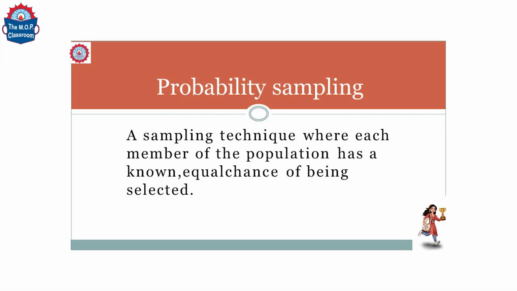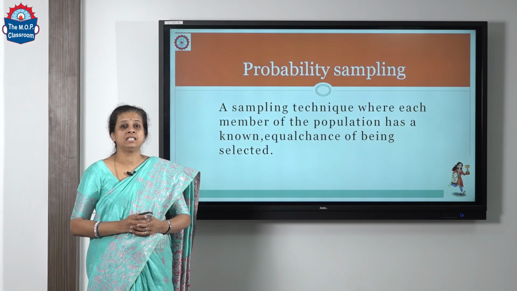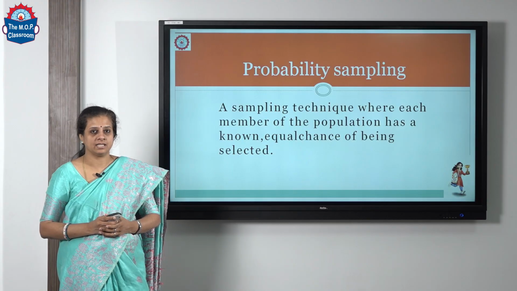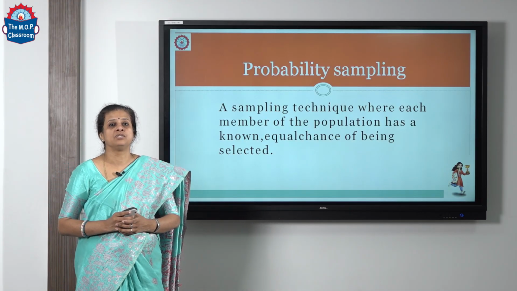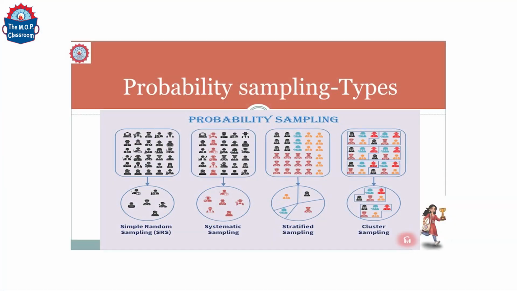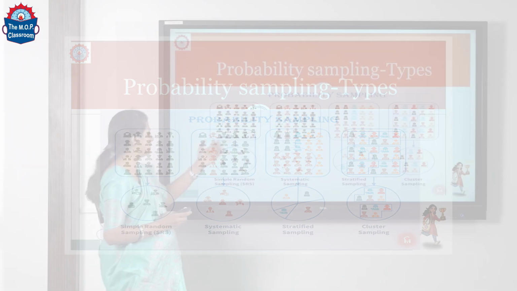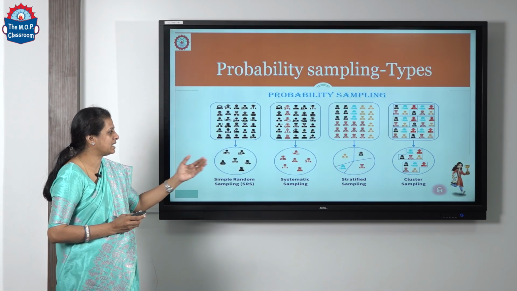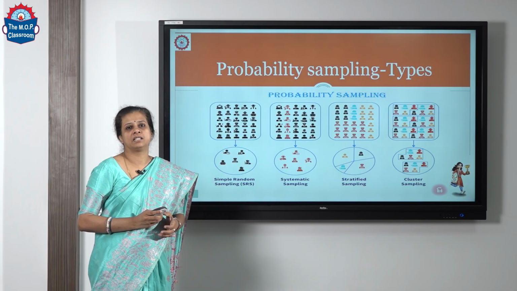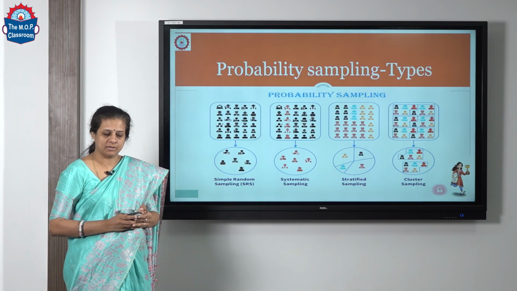Probability sampling can be practiced when the list of participants is ready, and if it is not available, ideally choose non-probability sampling. Probability sampling, as explained earlier, can be diagrammatically represented this way, with simple random sampling, systematic sampling, stratified sampling and cluster sampling. We will see them one by one now.